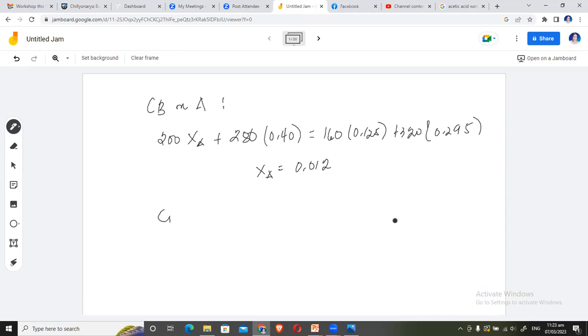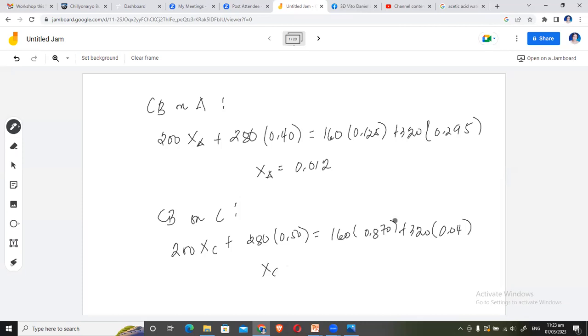You do also component balance on C. That way, you'll be able to find the composition of your feed in terms of C. So you have 280 times 0.5. This is the C in your solvent. You have 160 multiplied by 0.870. This is the YC1 that we got from the figure, and we have 320 for the raffinate multiplied by its C composition as given in the problem.